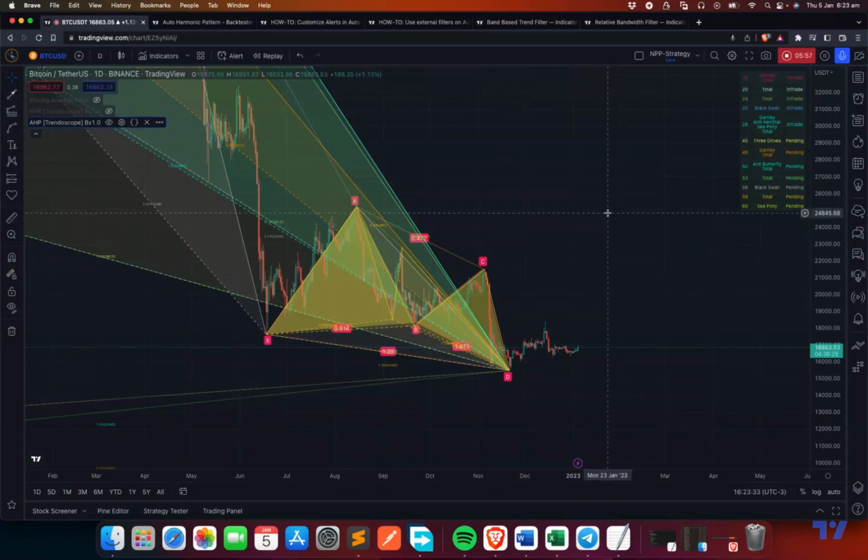So your entry will be at this A point. If you look at this total orange one, it says entry at 25211, which is this point, and stop at 15476, which is this point, and target is at 118845.